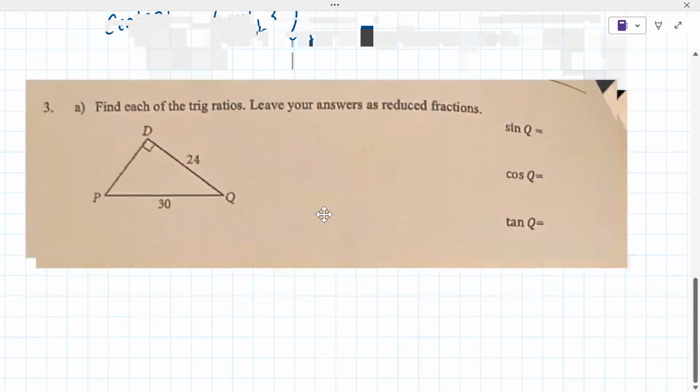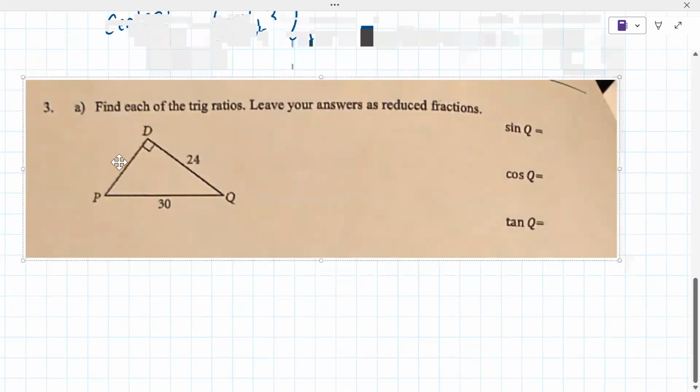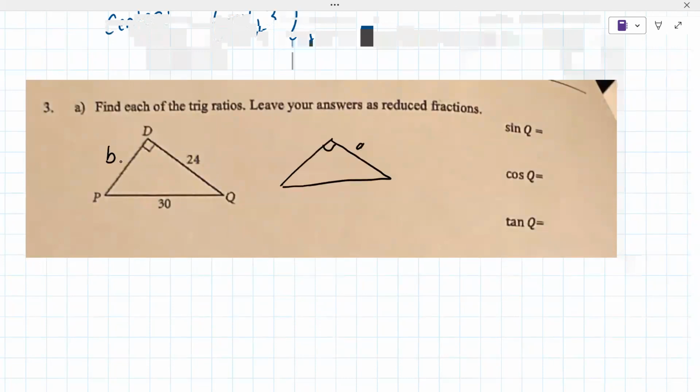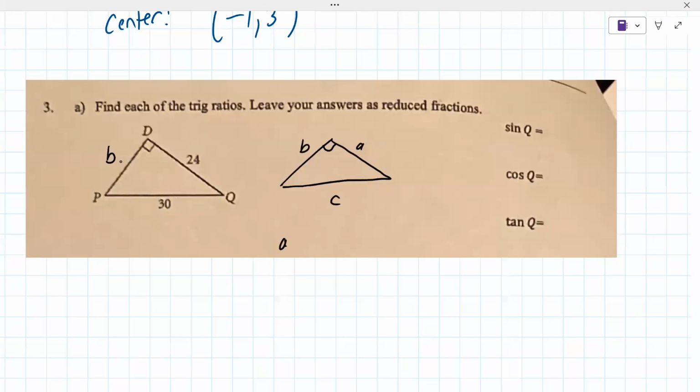The thing that you have to do is find the other side here, which we'll just call B for the moment. And if you remember, I'm going to draw this a little bit different than maybe you've seen before, but it's A, B, and C, A squared plus B squared equals C squared. So that's 24 squared plus B squared equals 30 squared.